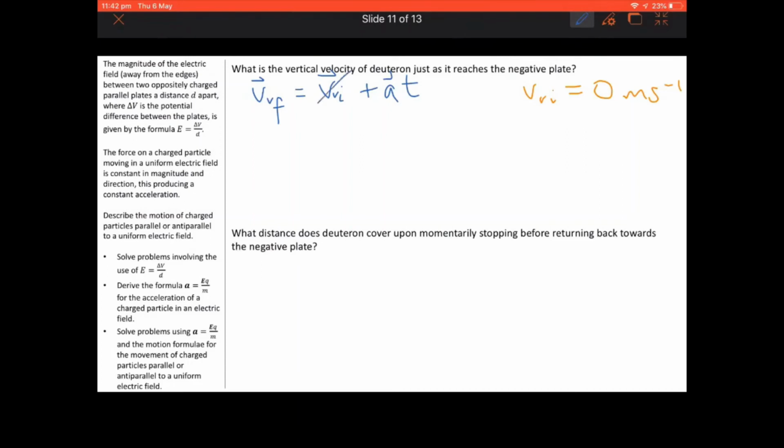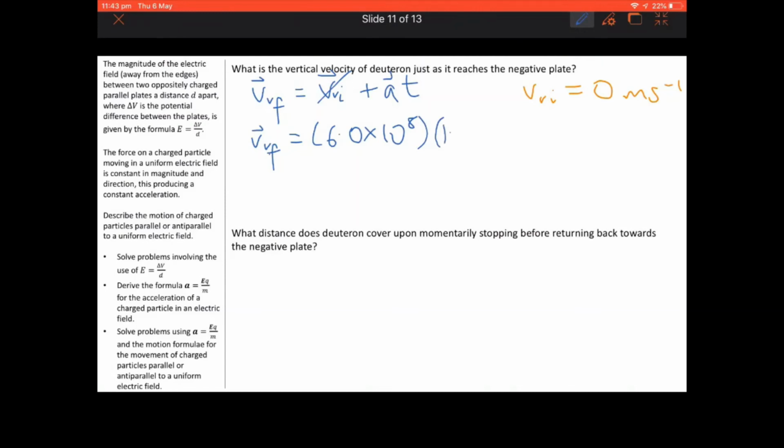So we'll be able to get rid of that term. The final velocity will be equal to acceleration by time. The acceleration is 6.0 by 10 to the 8, and the time, we only need to use half of the total time because we're only thinking about from the point where it stopped back to the negative plate.